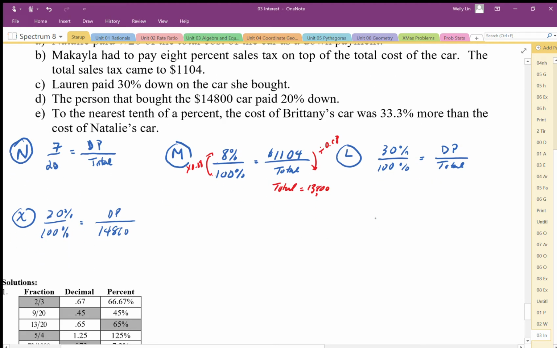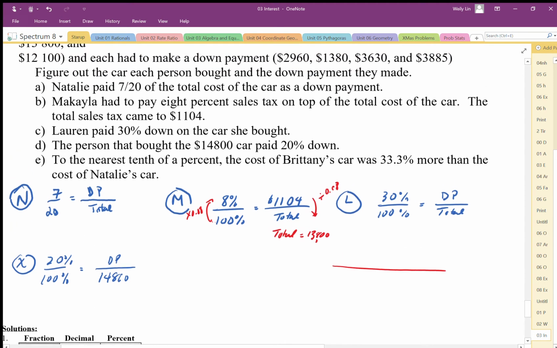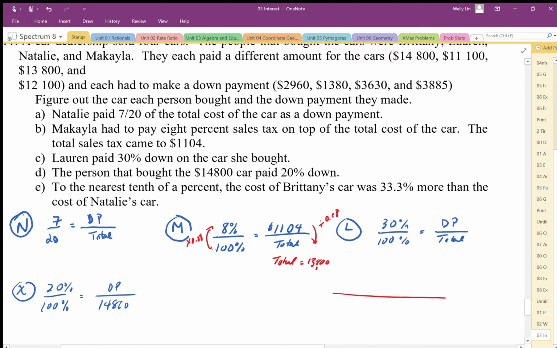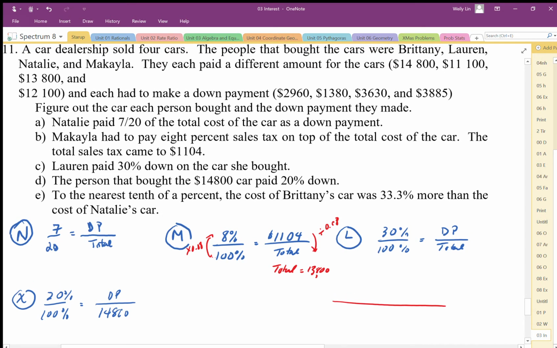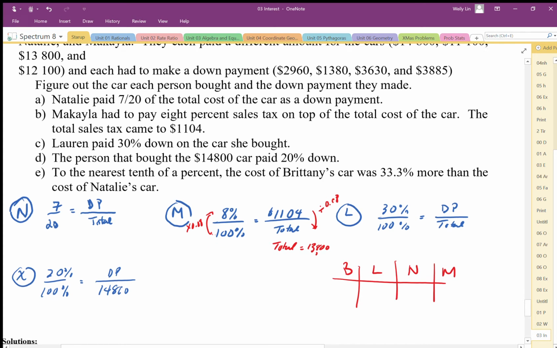So let's make a list here. We have 4 different people: Brittany, Lauren, Natalie, Michaela.